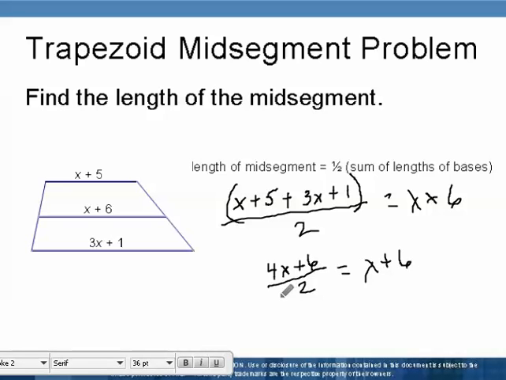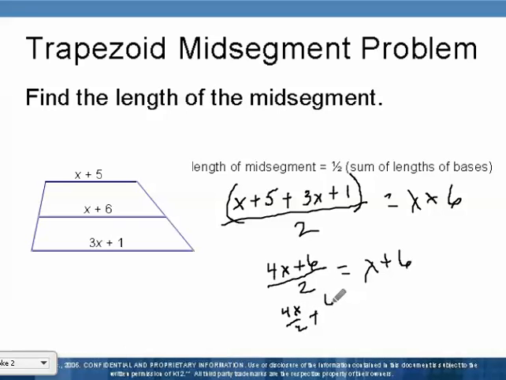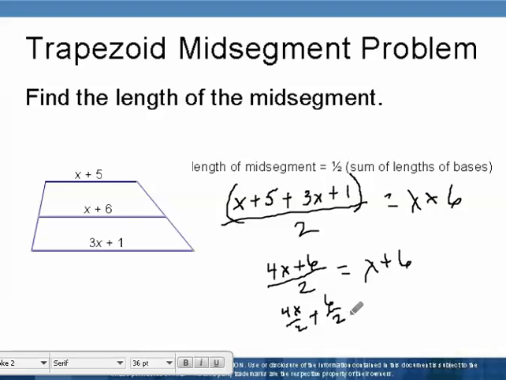If it's 4x plus 6, I know I can break that apart and say 4x divided by 2 plus 6 divided by 2 equals x plus 6. Well, 4x divided by 2 is 2x. 6 divided by 2 is 3.